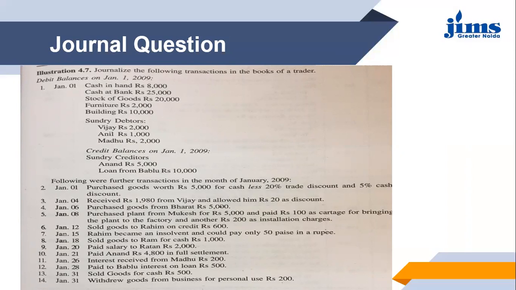Once the salary account is debited, and you are paying by cash or through bank, either the cash or the bank will be credited, because cash or bank is again a real account, and a real account says credit what goes out. So either the cash is going out or the bank balance is going out through salary, so it will be credited.